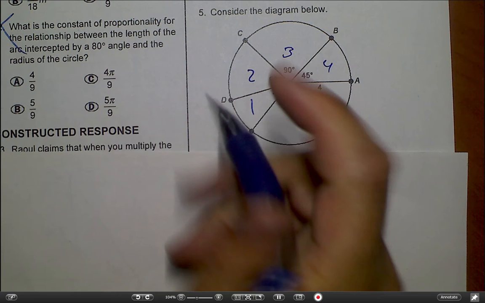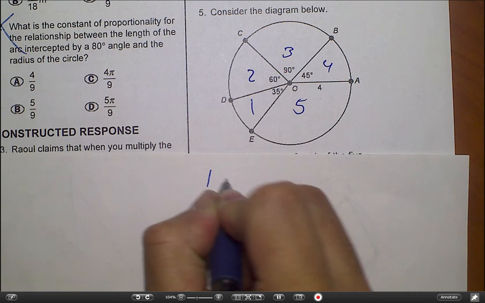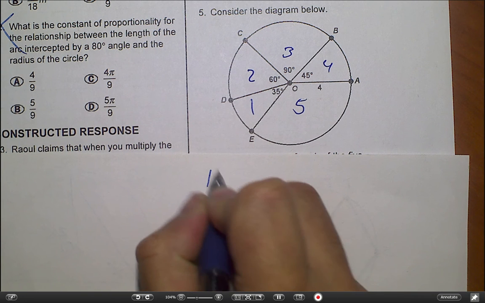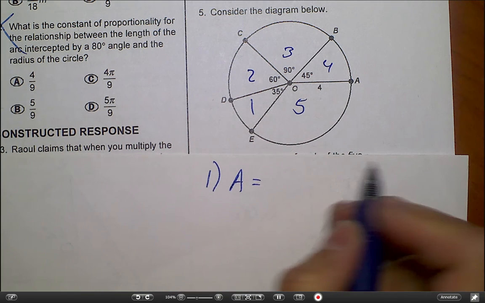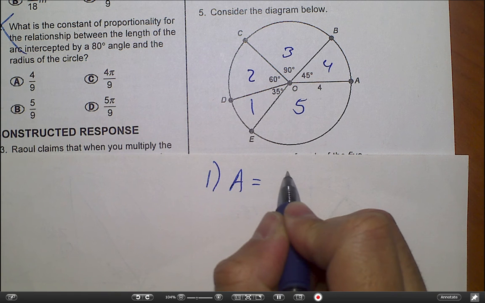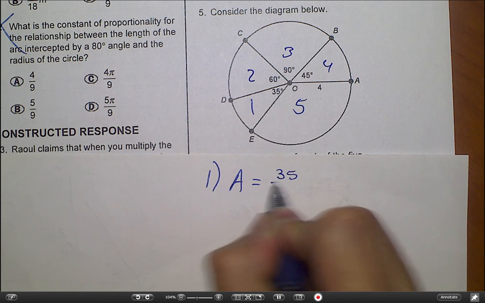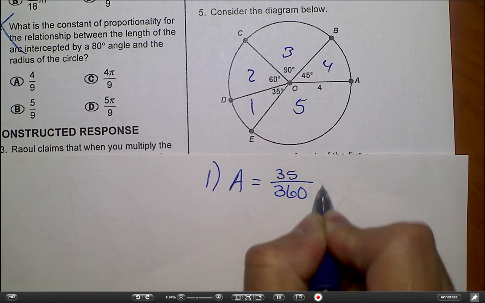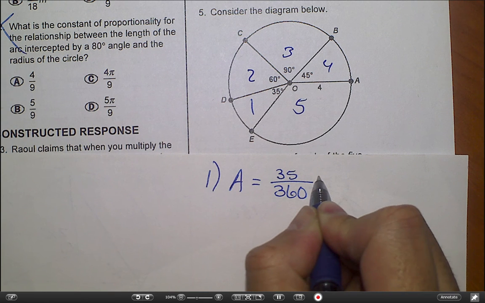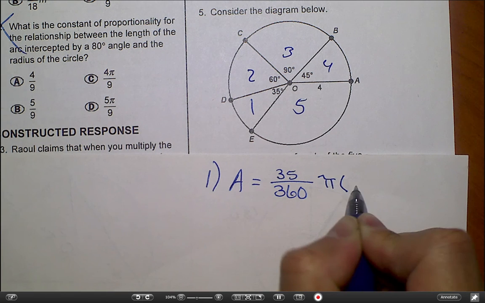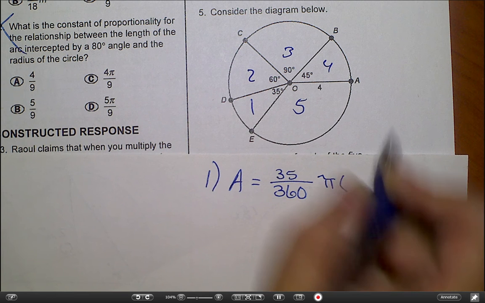Number 1, my area would be, what's my angle? 35 over 360, times pi, times, what's my radius? It's 4, it's right there.